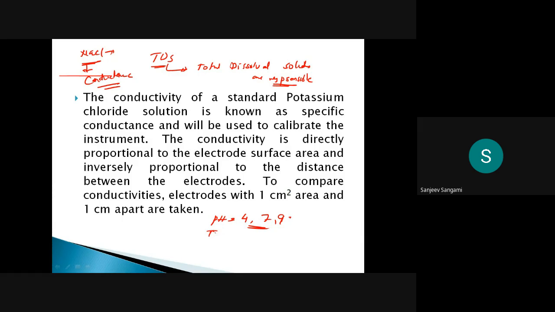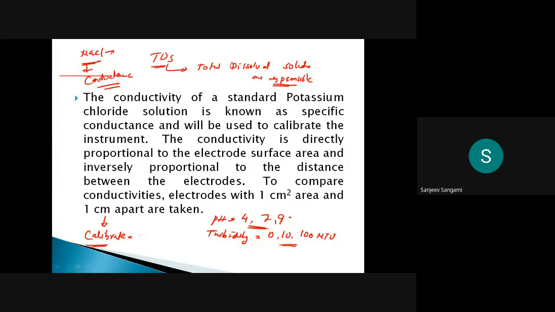Similarly, in turbidity, you used 0 NTU, 10 NTU, and 100 NTU solutions. Similarly, here also you have to calibrate it before analyzing the sample.